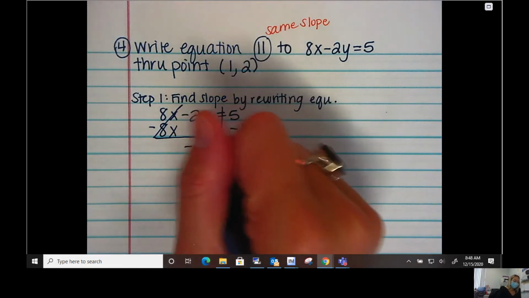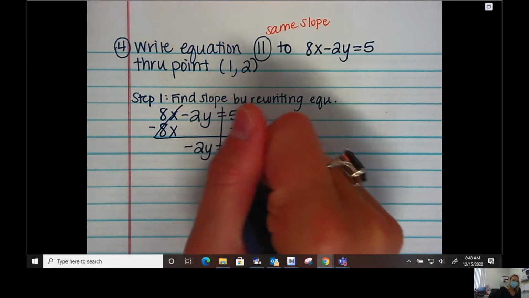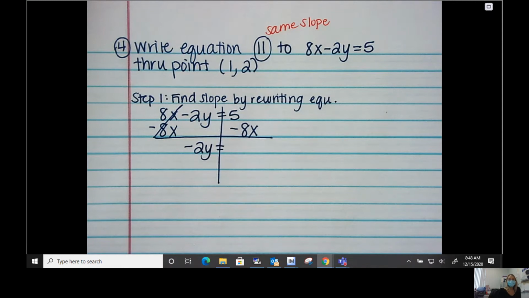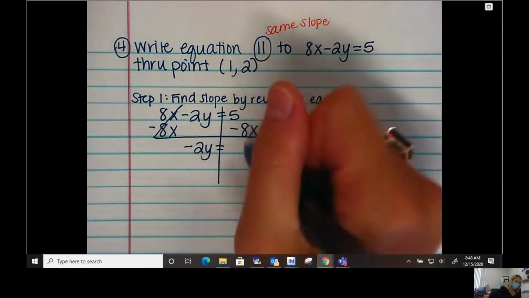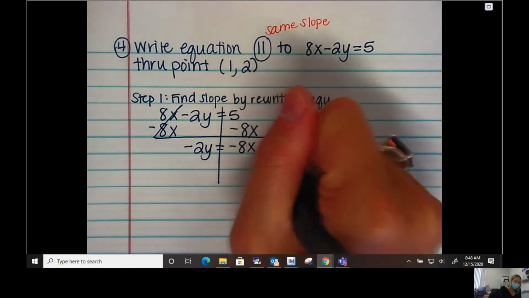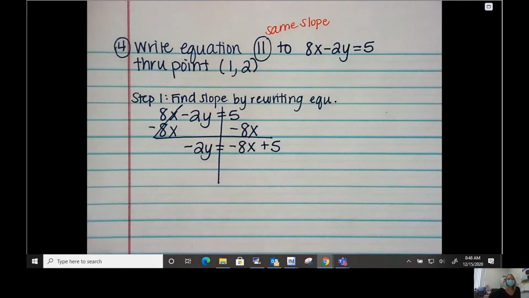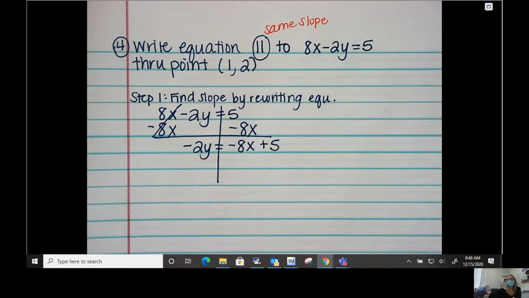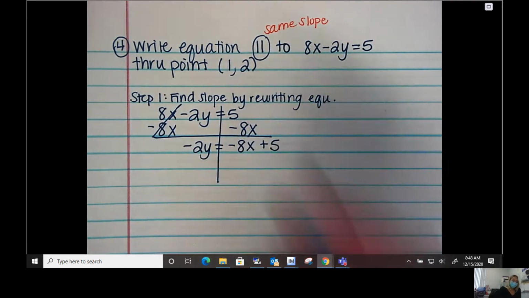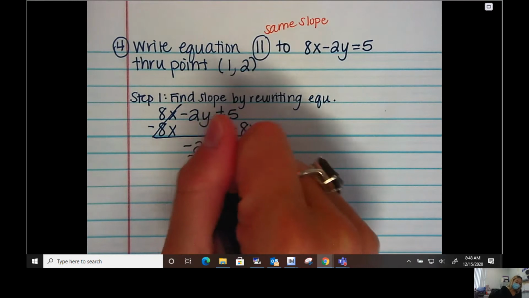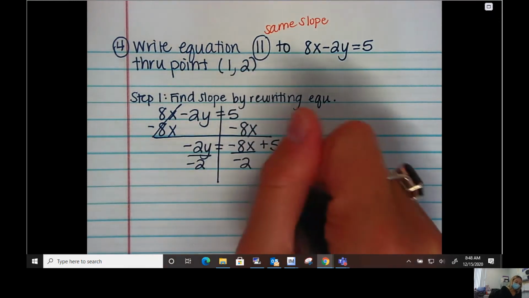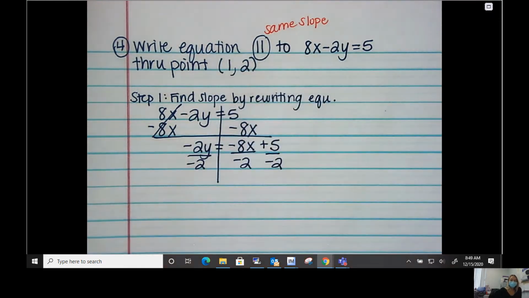I've got negative 2y equals, which one should come first? Negative 8x plus 5. Good. And then what's my final step to get the y by itself? Good. I like that you said that, Jaden, divide everything by -2.